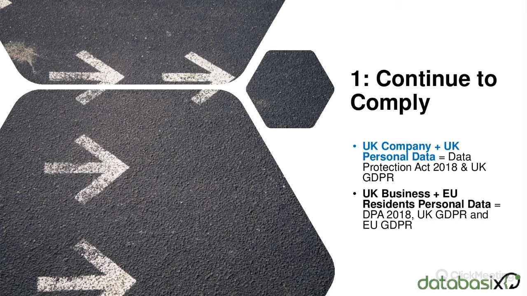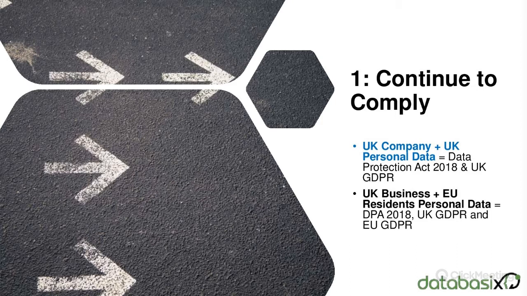So the very first step in any kind of plan that you should have in terms of Brexit and making sure that you are compliant is to continue to comply. So in the UK, we do have the UK Data Protection Act. So there are two scenarios that I have set down on this slide. If you are a UK company and you have UK personal data and you're not processing any European resident data, all of your systems are in the UK.